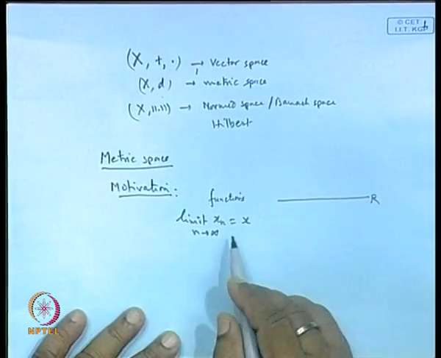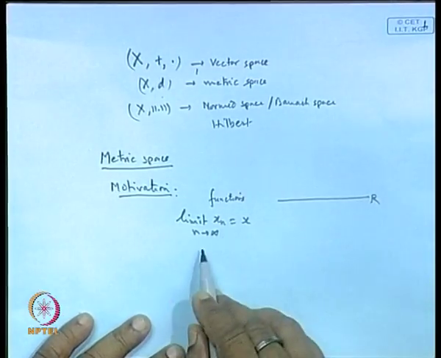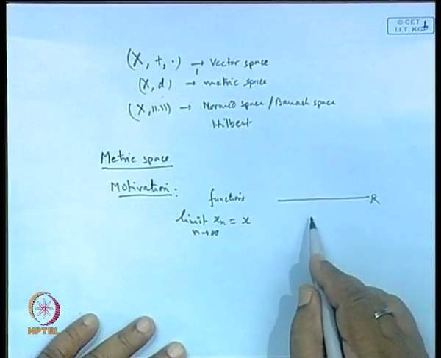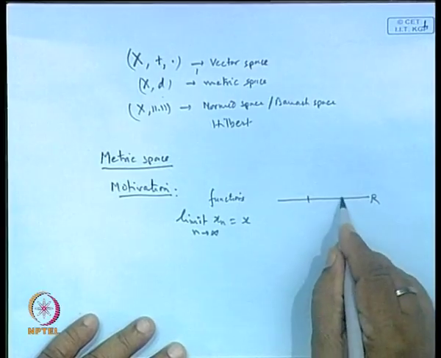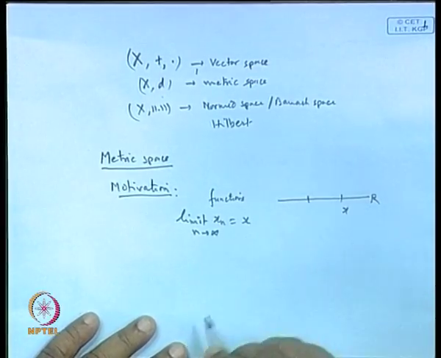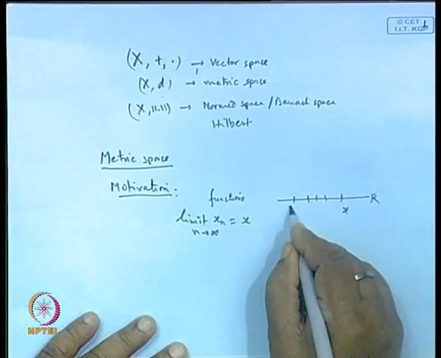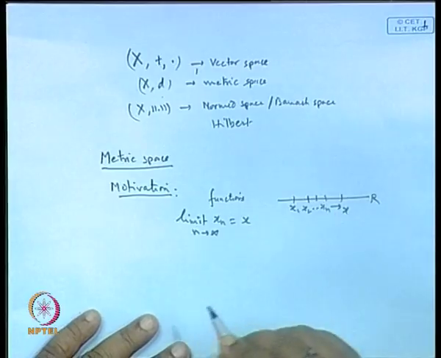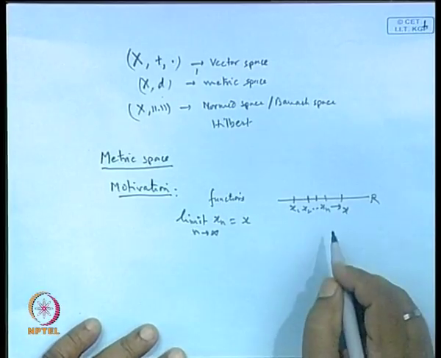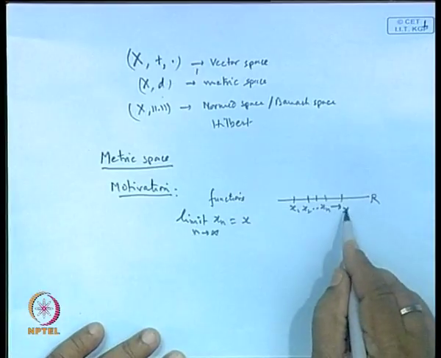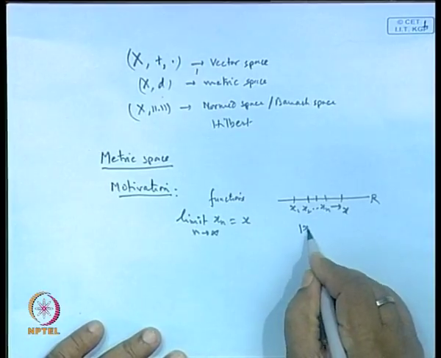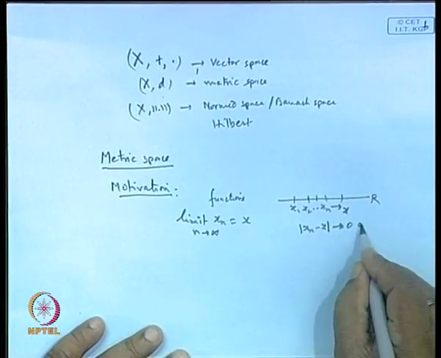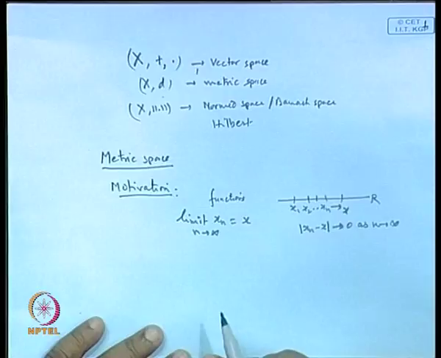What do we mean by this? It means we are basically using the idea of the distance function on the real line. If I take this as x and these are the points x1, x2, xn, which are tending to x as n tends to infinity, it means the difference between x and xn is getting smaller as n approaches infinity.